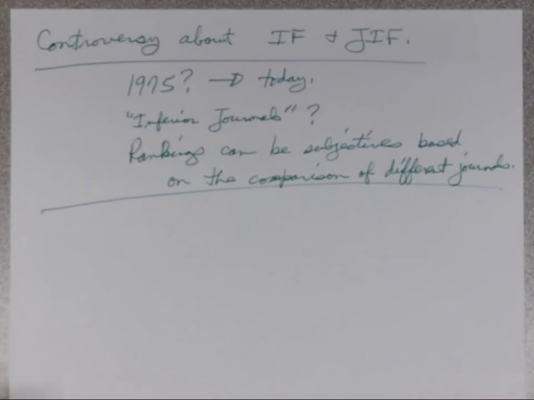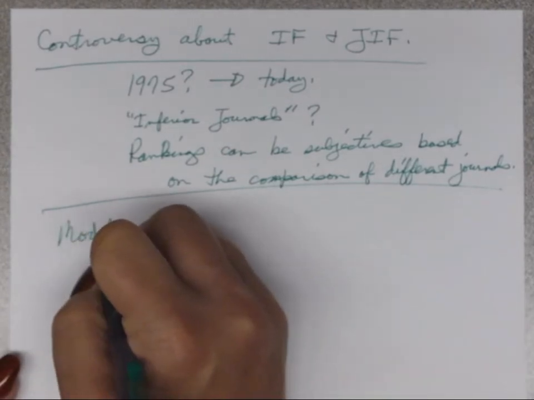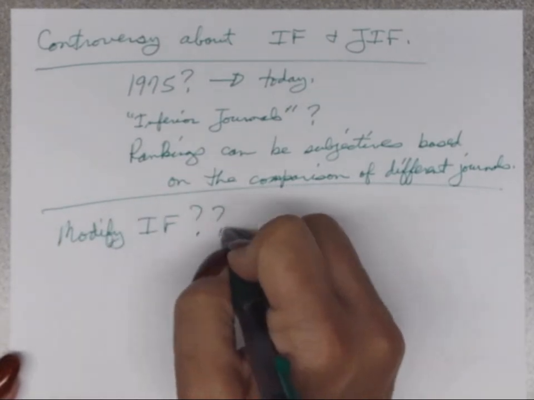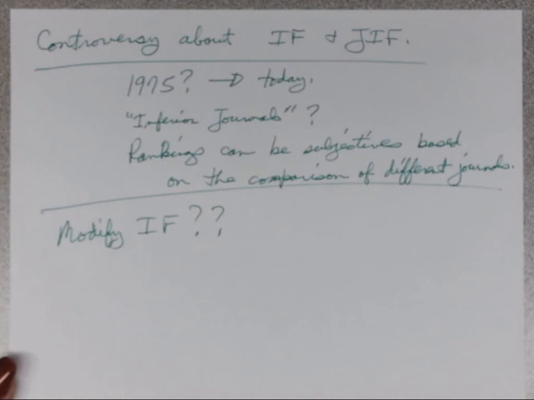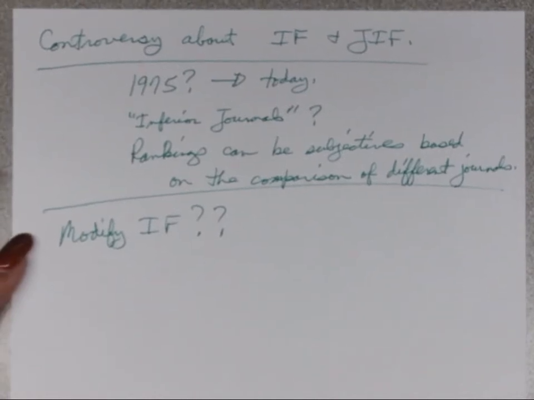There's also one in there about how some people have had a movement to modify impact factors. Okay, maybe if we, for instance, a lot of times this is an average, right? So this is taking the average number of times an article was cited.